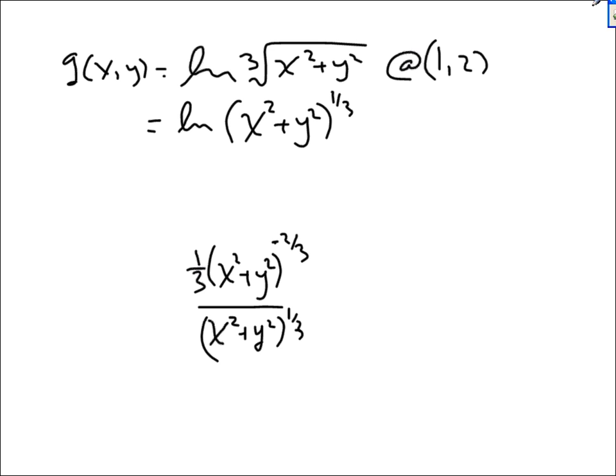Or you can say, you know what, this power is bothering me. Let me just bring it in front. It's 1/3 times the ln of x squared plus y squared.